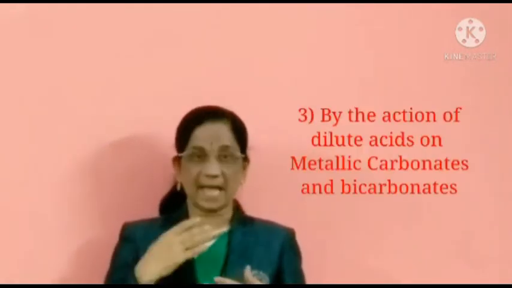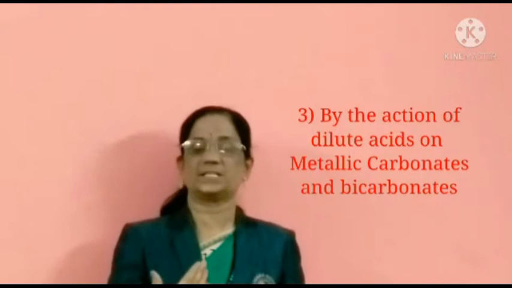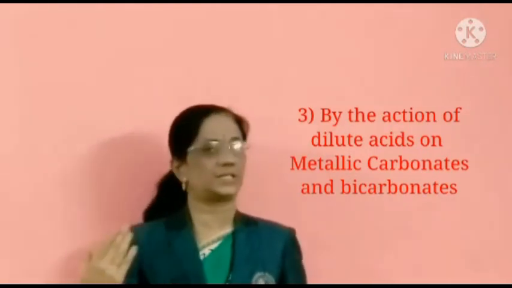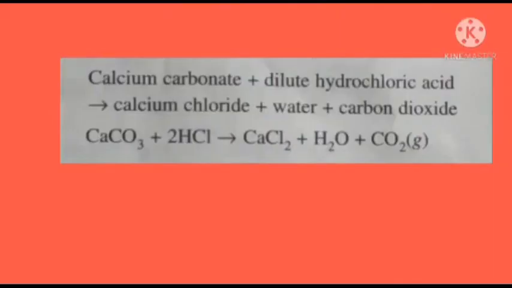Now students, the third method for the preparation of carbon dioxide is by the action of dilute acids on metallic carbonates and bicarbonates. Dilute hydrochloric acid and dilute sulfuric acid are used. First we will explain dilute hydrochloric acid. Calcium carbonate reacts with dilute hydrochloric acid, producing calcium chloride, water and carbon dioxide gas.